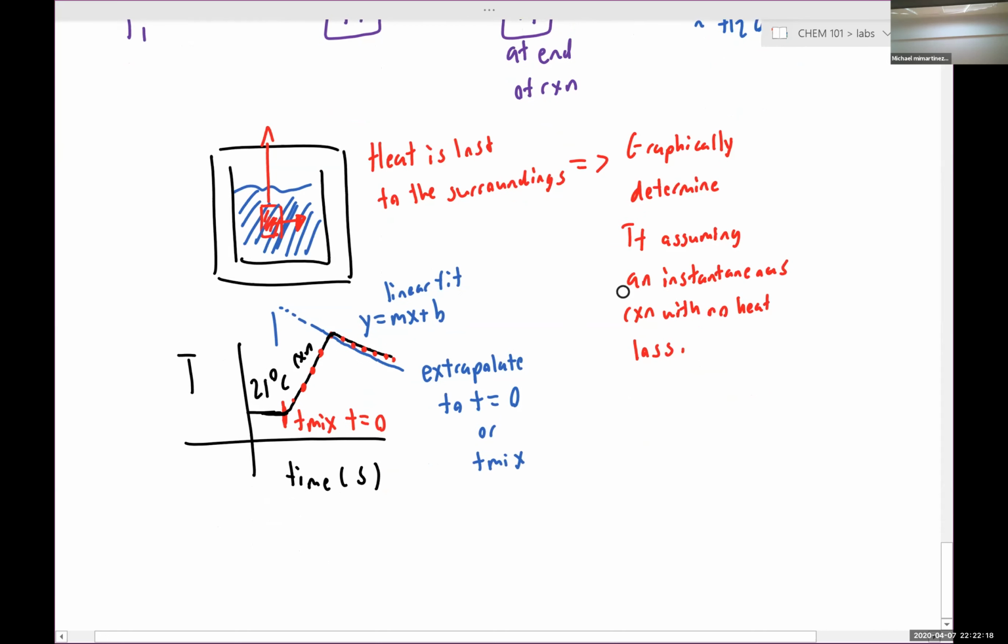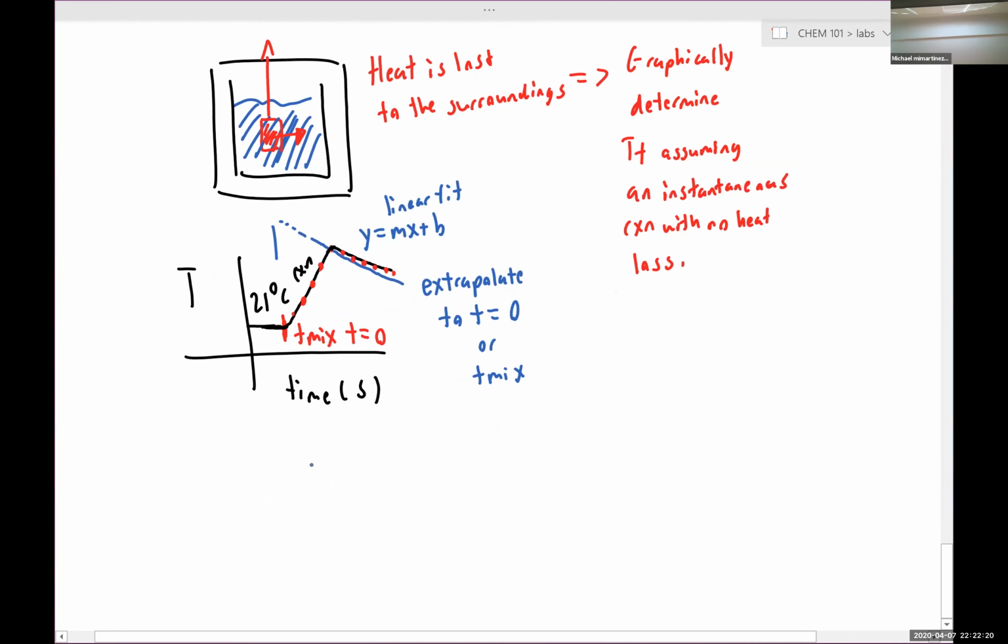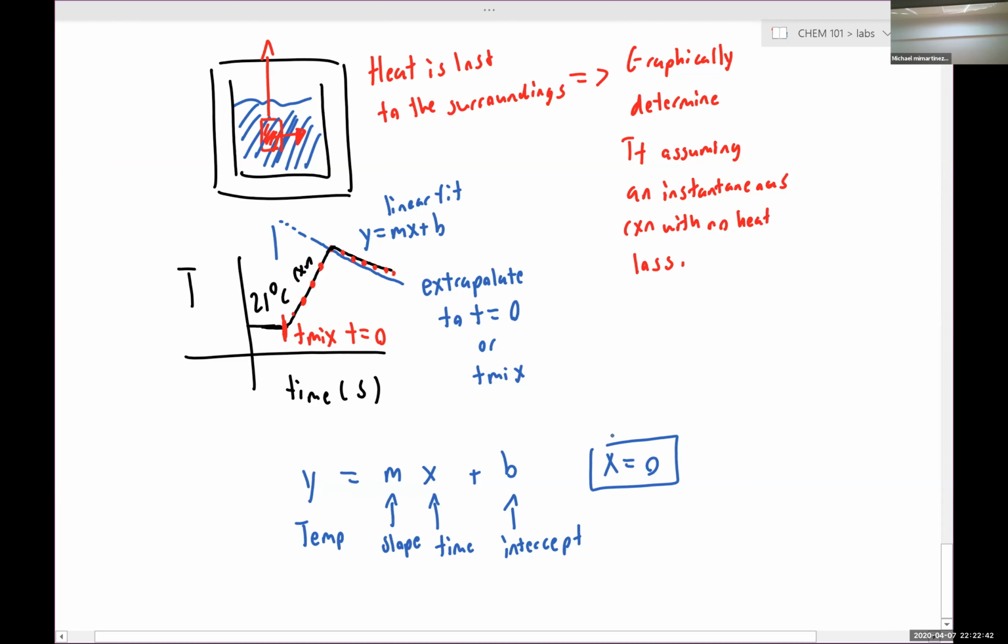So for example, suppose you get an equation where Y, in this case the temperature, equals mx plus b. M is your slope, X is your time, and B is your intercept. Essentially what you're going to do is plug in X equals 0 and write down the Y value.